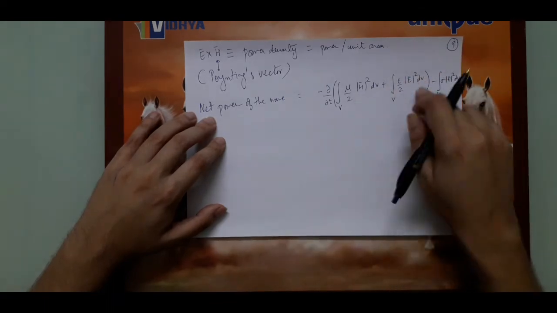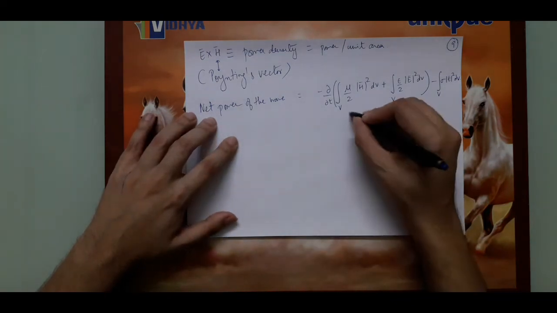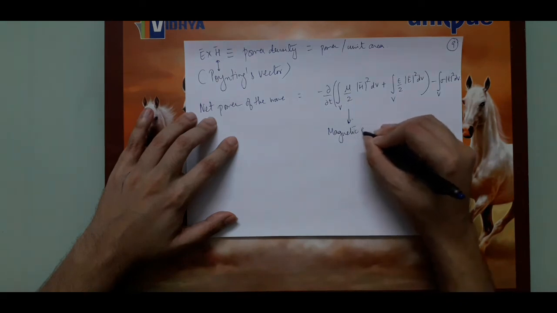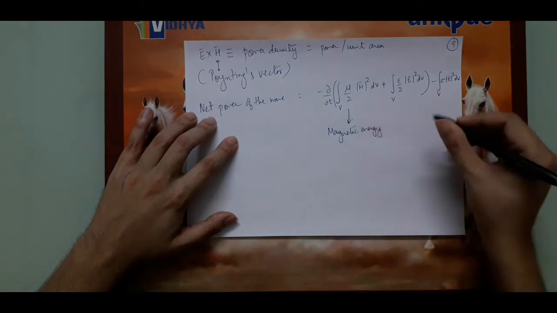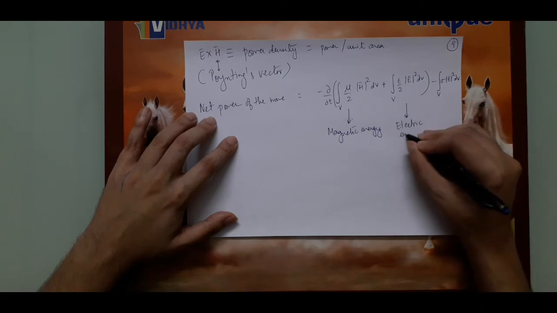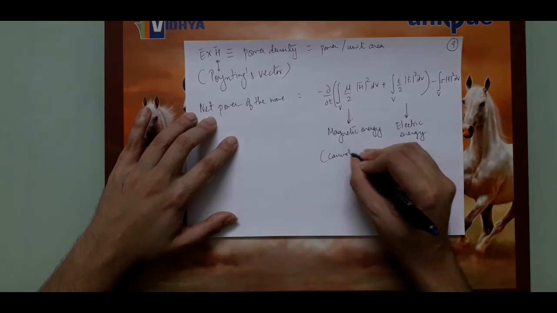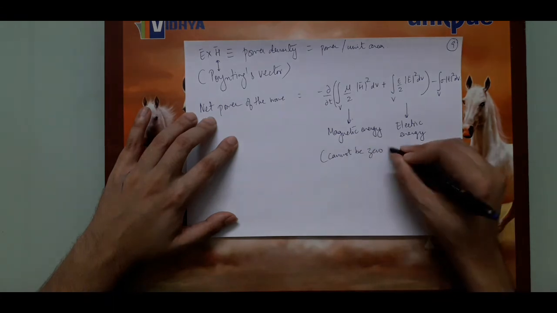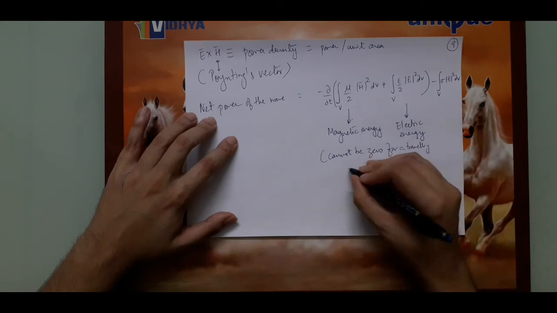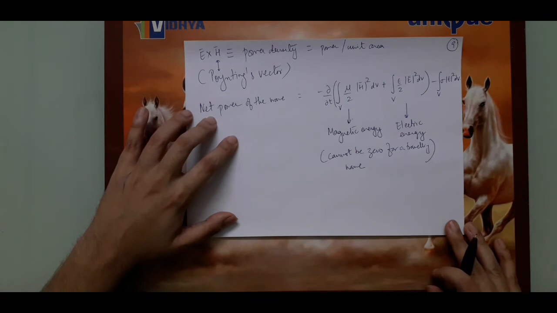So these two can never be zero so long as the wave is traveling. This cannot be zero for a traveling wave.